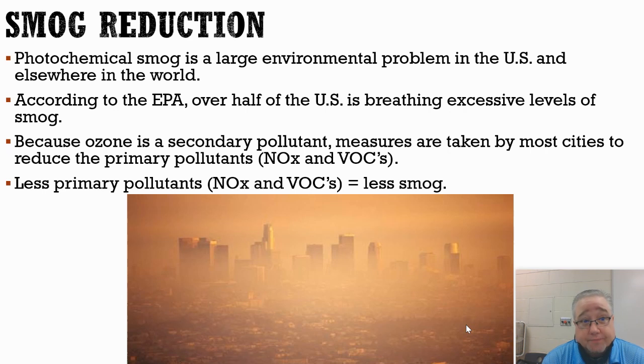All right, so let's look at some ways that we can prevent some of this from happening. Smog reduction. Photochemical smog is not only a big problem in our country, but pretty much around the world in any developed country. This is an interesting thing here. It says, according to the EPA, the Environmental Protection Agency, over half of our country is breathing excessive levels of smog.